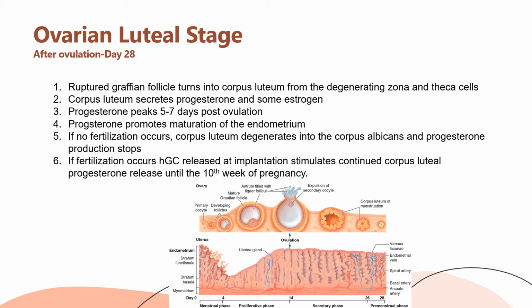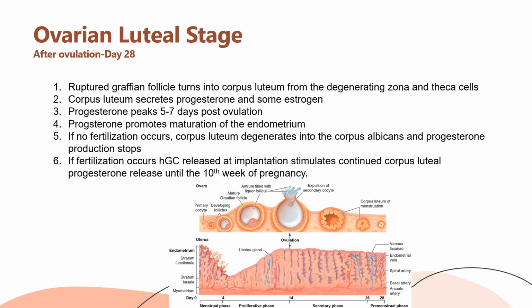Progesterone usually peaks about 5 to 7 days post ovulation. Once it peaks, that corpus luteum will then begin to degenerate to gradually become the corpus albicans and cease to release any hormones. Now, if fertilization happens to occur, that fertilized pregnancy will implant into the endometrium.